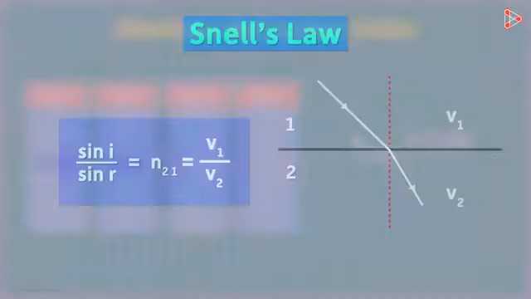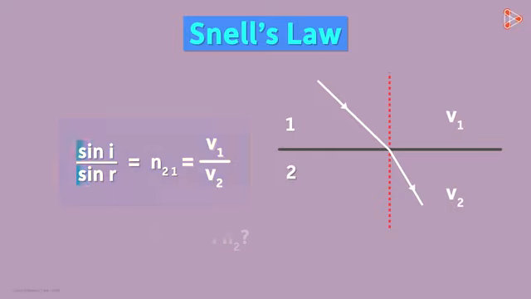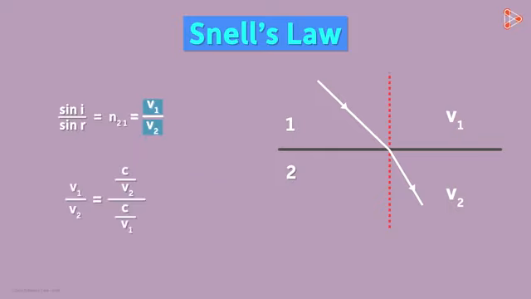So can we find this ratio in terms of n1 and n2? Yes, we can. We just use some very basic math. We can write this ratio like this, where c is the speed of light in vacuum. If you simplify this ratio, we will get v1 over v2. And can you guess what the numerator and the denominator are equal to?